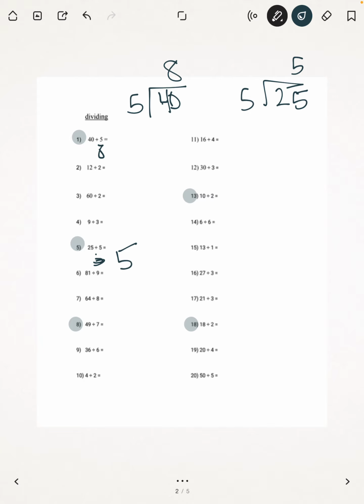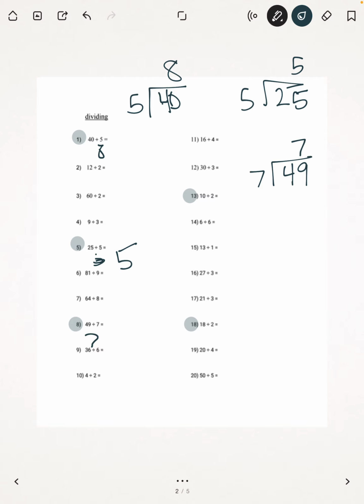Now it's going to be 7 divided by 49. You see if 7 goes into 4, which doesn't, and you see if it goes into 49, it does. It goes into 49 7 times, so this one's going to be 7.